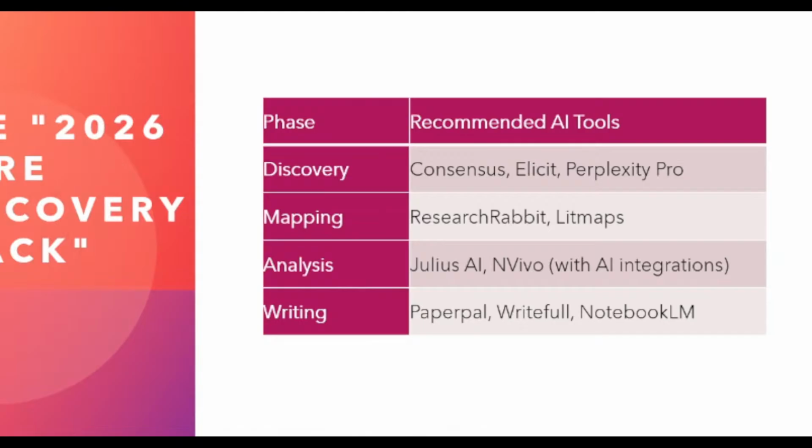You can add even DeepSeek. DeepSeek does qualitative analysis, and maybe nowadays Claude, because now Claude is actually taking over. Then for the writing part, it's Paperpal, Writefull or NotebookLM.